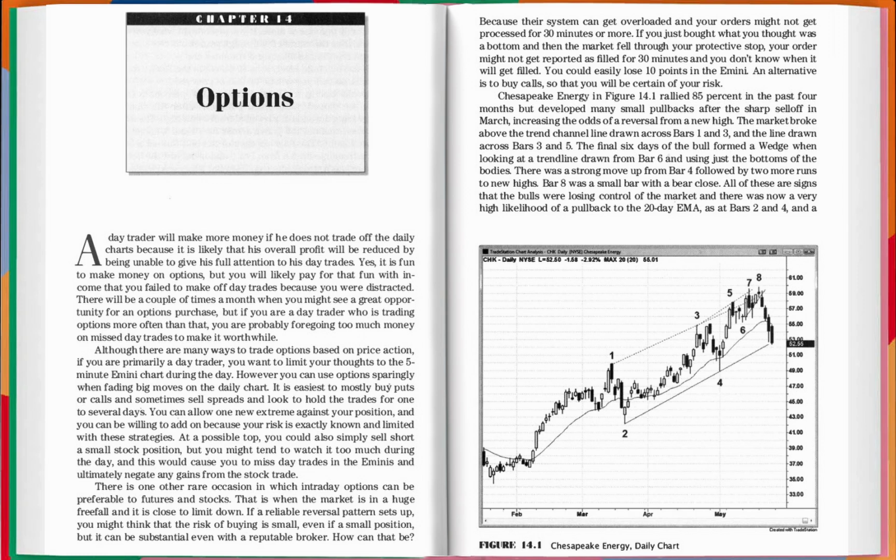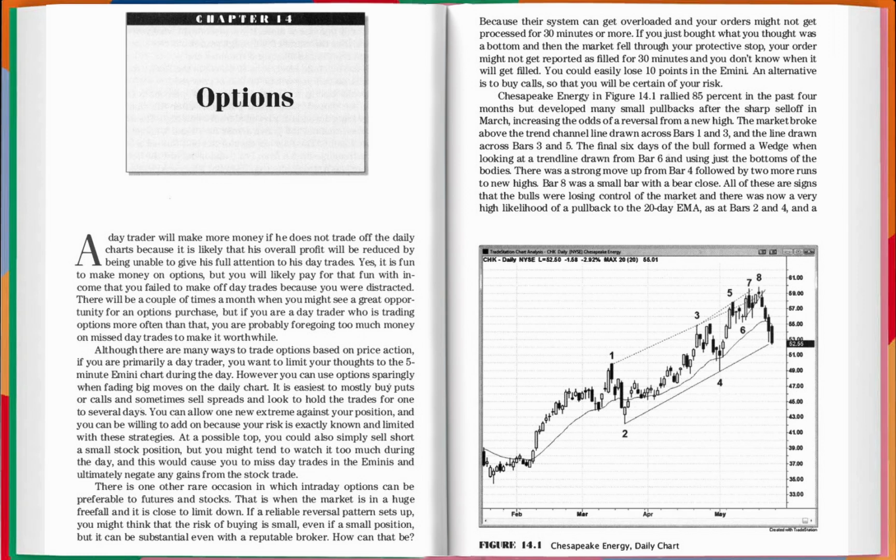You can allow one new extreme against your position, and you can be willing to add on because your risk is exactly known and limited with these strategies. At a possible top, you could also simply sell short a small stock position, but you might tend to watch it too much during the day, and this would cause you to miss day trades in the E-minis and ultimately negate any gains from the stock trade.